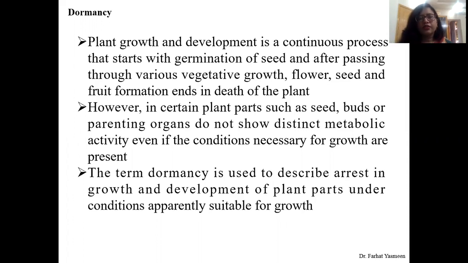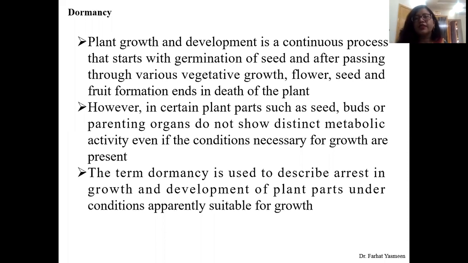So in plant physiology, when we discuss dormancy, there is a process of life, and you know that the process of life starts with germination and ends with the various growth stages, such as vegetative growth, then flowering, and also seed formation and fruit formation, and results in the death of the plant.